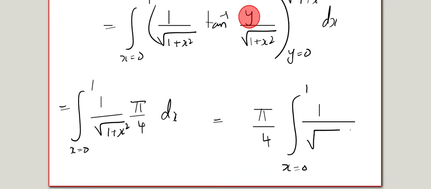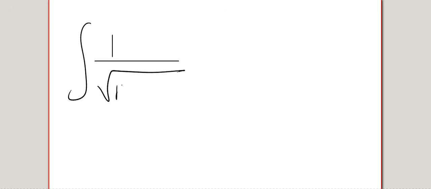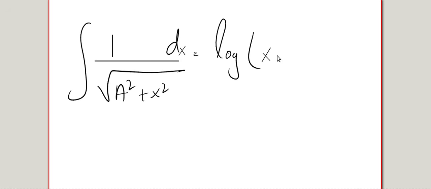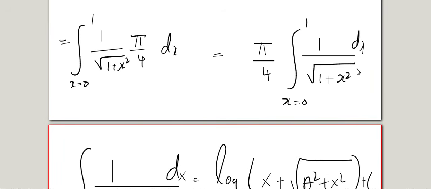Here comes another formula from your high school. 1 by root under 1 plus x square. Okay, I'll quote the formula here. Integral 1 by root under a square plus x square is nothing but log of x plus root under a square plus x square plus c. Now look at this, it's the same thing here.